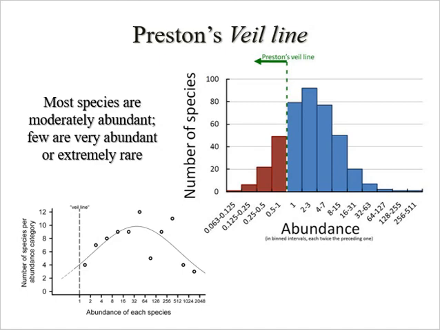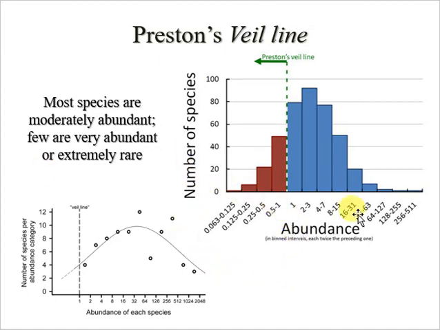This veil line is the point at which rare species cease to be sampled. And he noted that more intensive sampling or increased sampling effort would aid in unveiling rarer species.